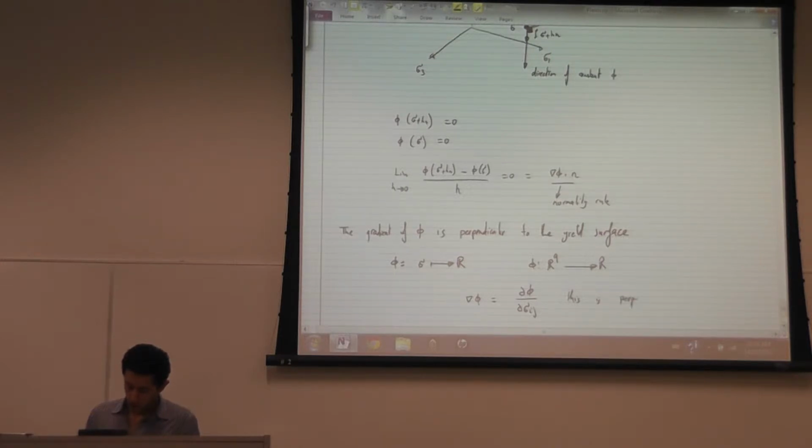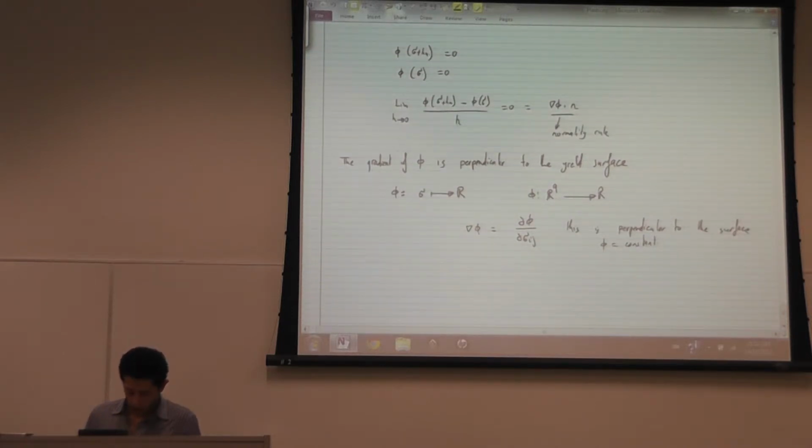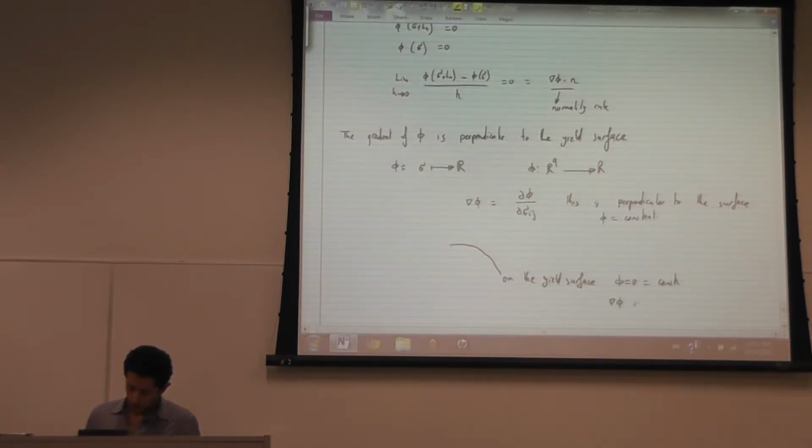This is perpendicular to the surface phi equal constant. Because it's perpendicular to the surface phi equal constant on the yield surface, phi equals 0 equal constant, and so the gradient of phi is perpendicular to the surface. So this is the gradient of phi.